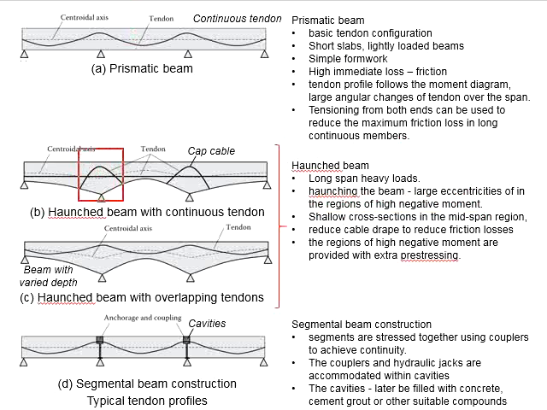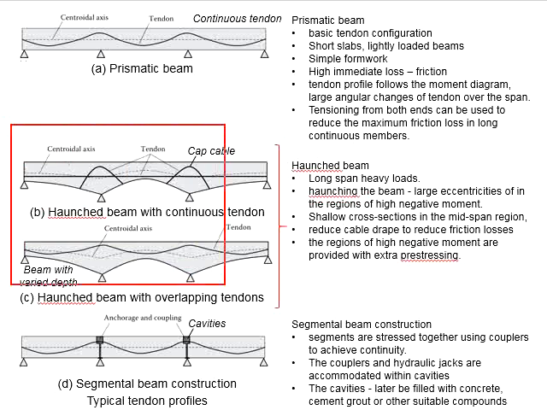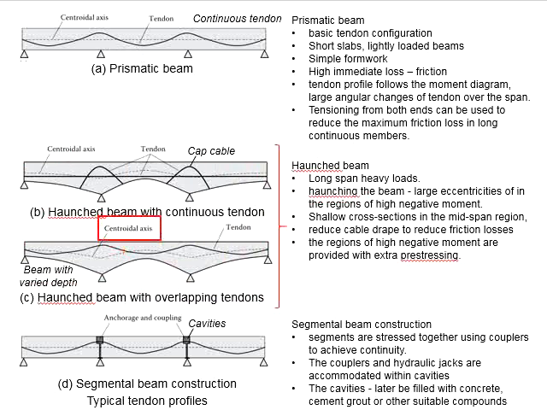Therefore, normally the regions at the support have a greater effective depth, and there will be shallow cross-sections at the midspan region. This mechanism plays with the changes of the central axis, so that small fluctuations of the tendon profile can still lead to a significant increase of the effective eccentricity.